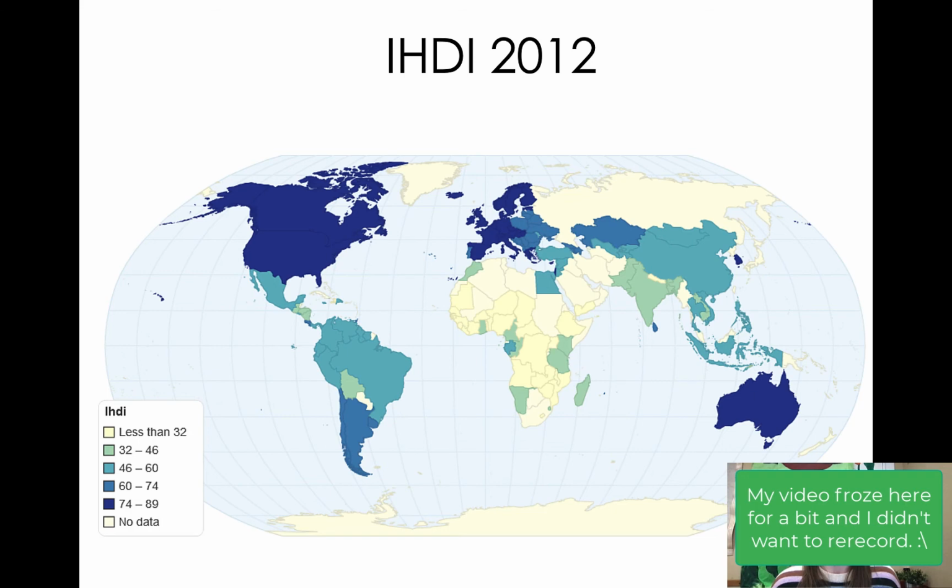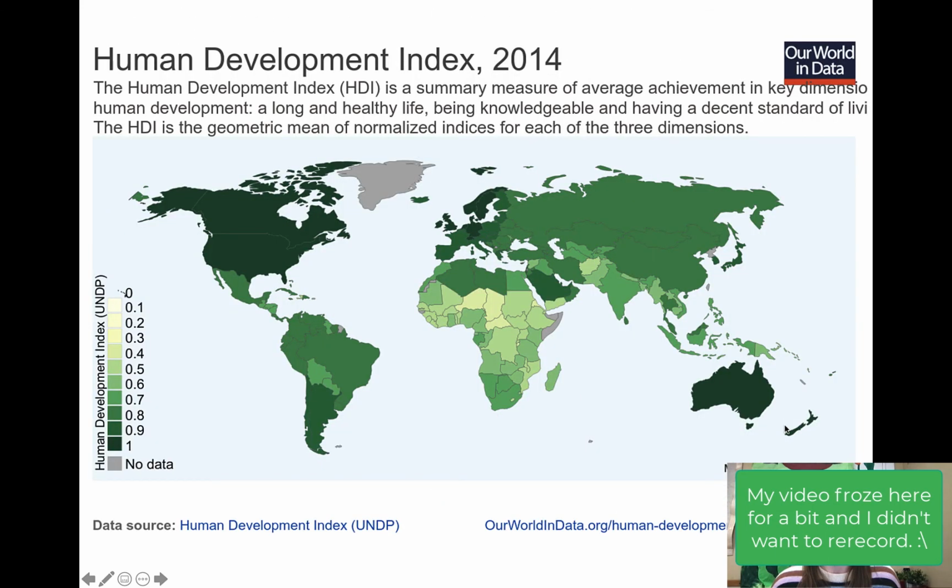So looking at the IHDI in 2012, we have several countries where this very lightest color, we don't have any data, but we have quite a few where, in this case, we're looking closer to 100 rather than to 1. But we see some similarities to that map a minute ago.